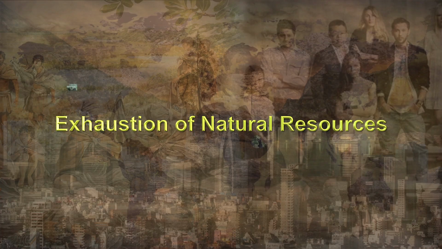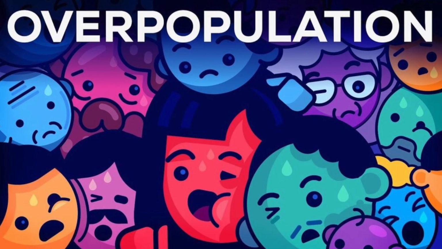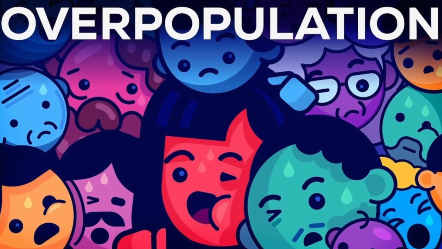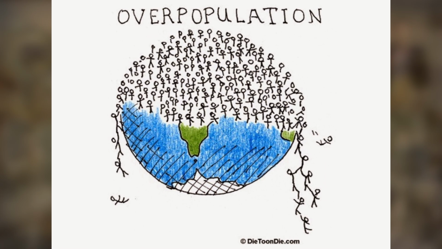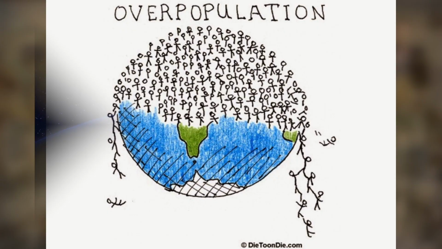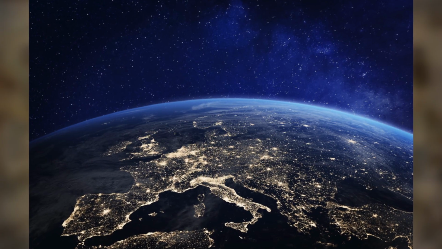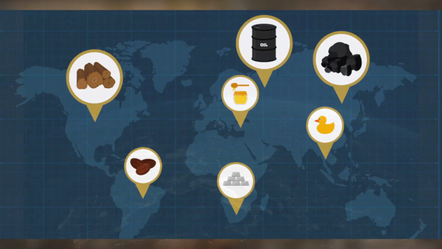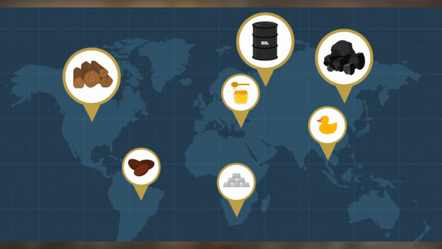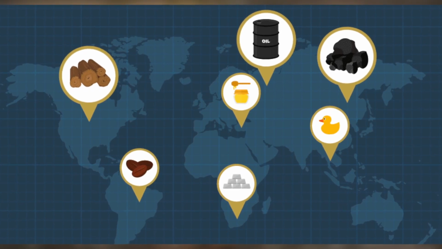First one, exhaustion of natural resources. The main effect of overpopulation is the unequal and unrestrained use of resources. The planet has a limited capacity to generate raw materials, and each year the natural resources deficit.